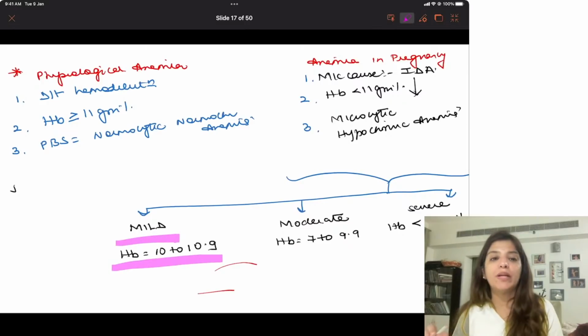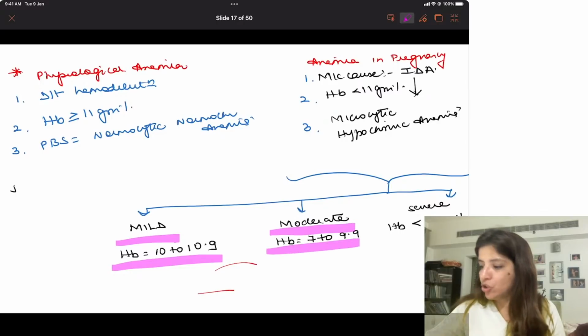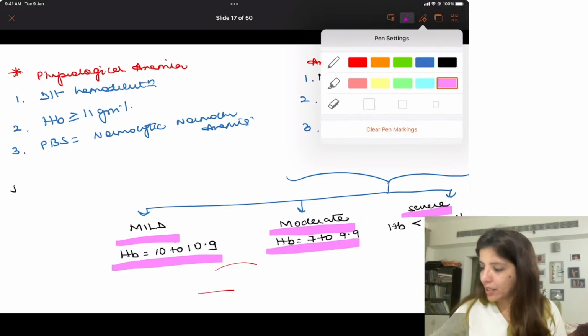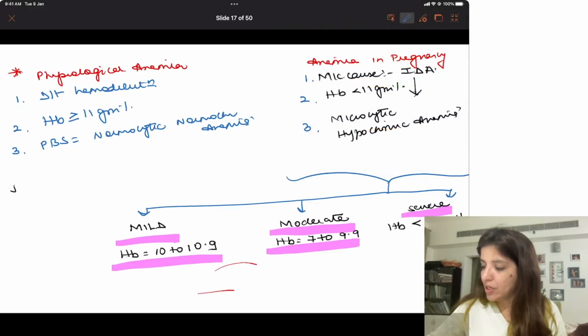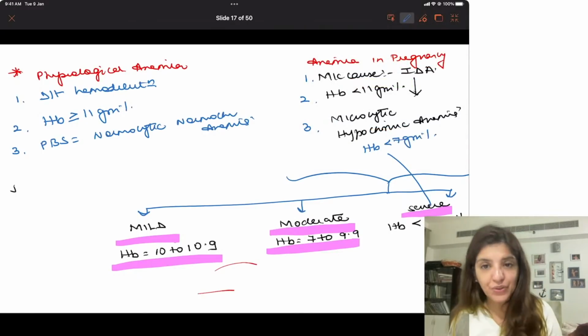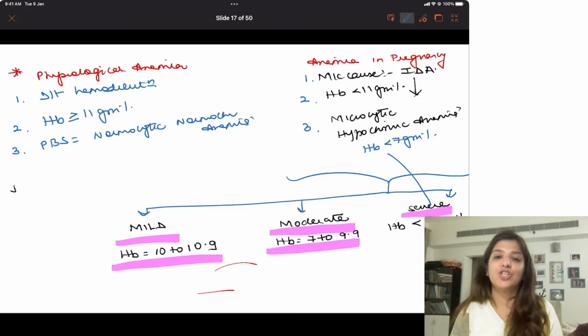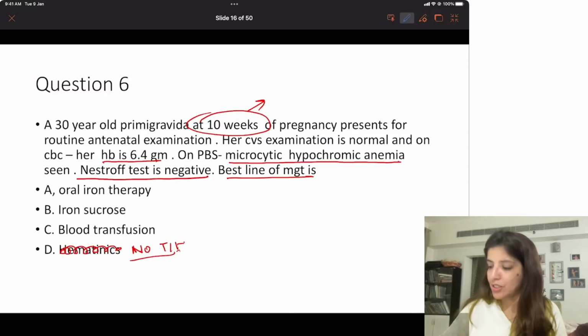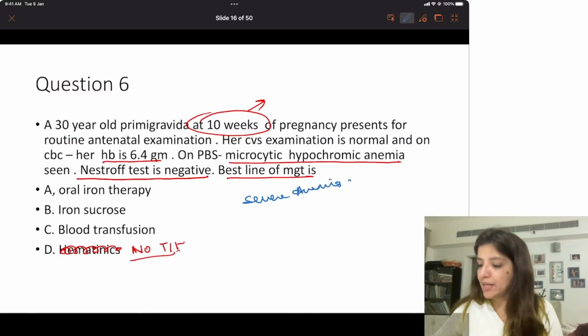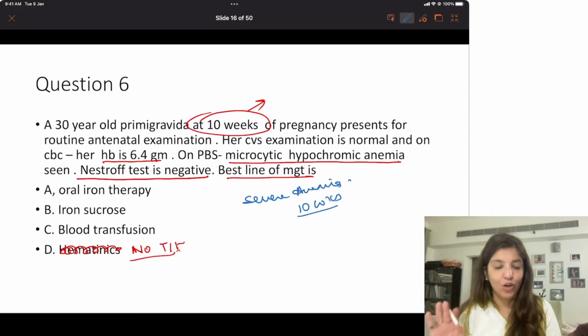Mild means hemoglobin between 10 to 10.9, moderate means hemoglobin between 7 to 9.9, and severe means hemoglobin less than 7 gram percent. Now, in your patient, the hemoglobin is 6.4. That means your patient is having severe anemia, and this severe anemia is happening at 10 weeks. Till here it is clear to all of you.